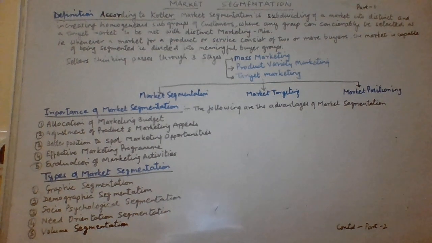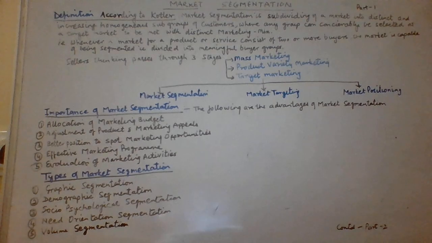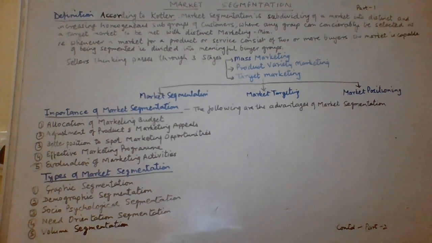Now, the types of market segmentation. This understanding of the types of market segmentation will help us in deciding on the basis for segmentation. So there are largely 4 types on the basis of which the market is segmented.